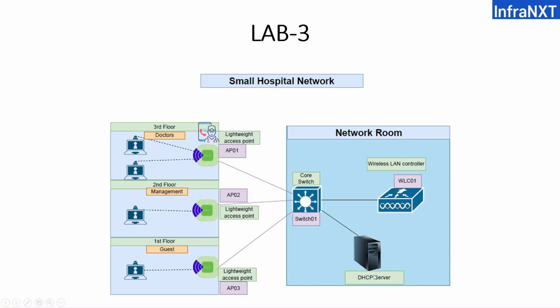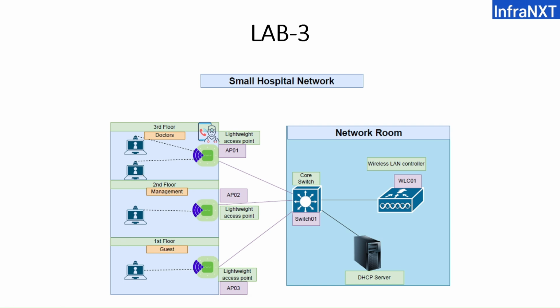Another thing is the DHCP server. By adding the DHCP server, this server can release IP addresses for all the APs. The same DHCP server is responsible for giving IPs to the end equipment, such as your laptop or phone or anything else.